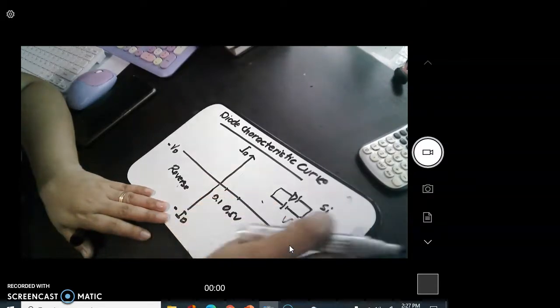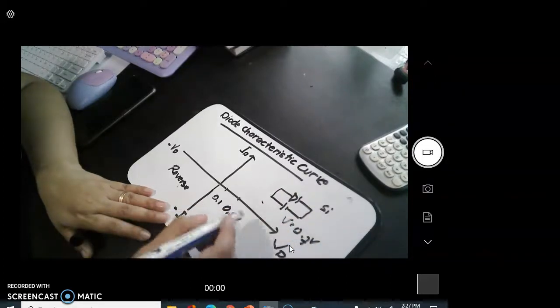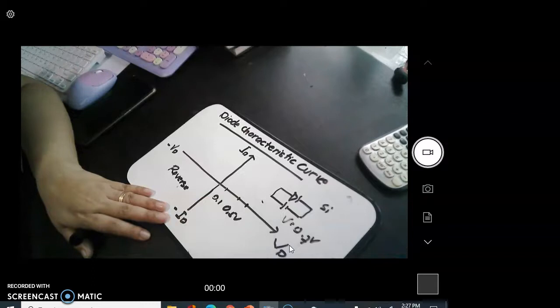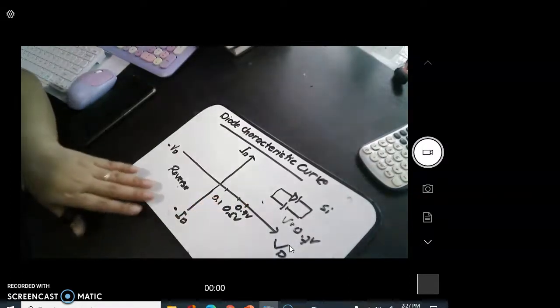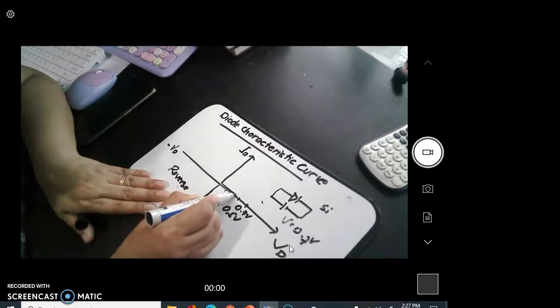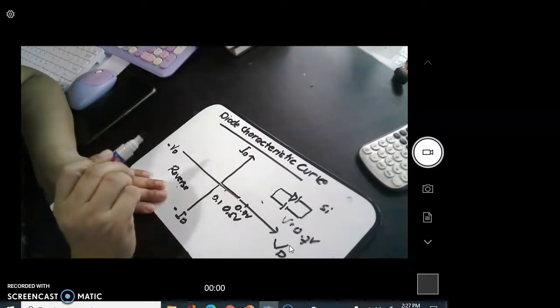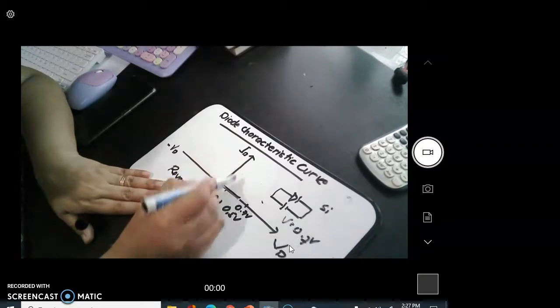So we applied 0.1 and the charges don't move across the PN junction. We increased it to 0.5, and there is still no flow of charges across the junction. Therefore, your ID is still 0.